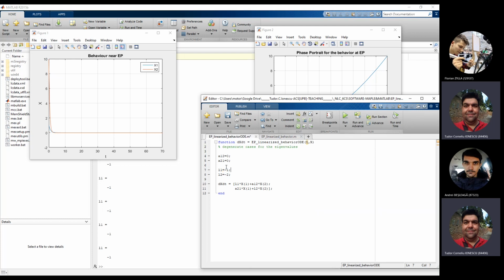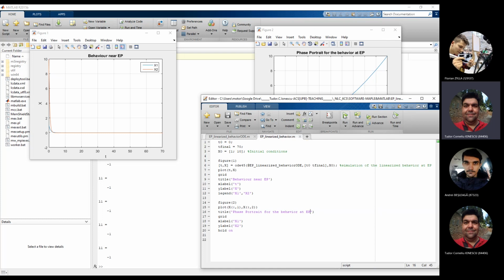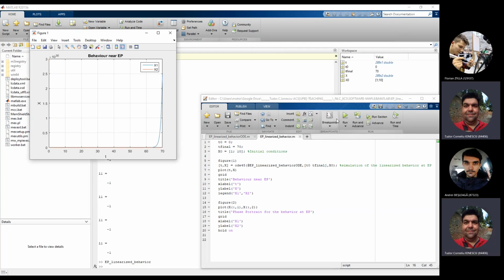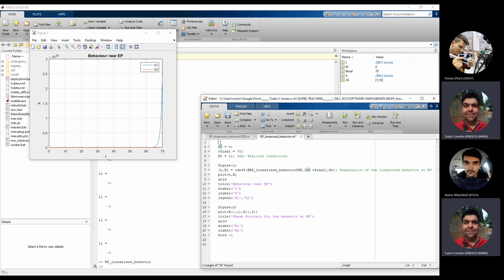Let's do a saddle point. Do you want to see a saddle point? I suppose you do. Oh, I should close this. And why don't I use it here? Here.